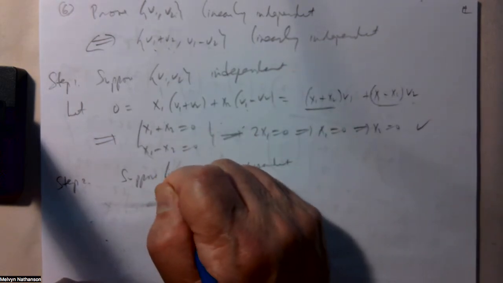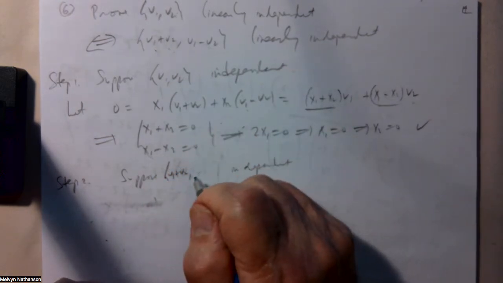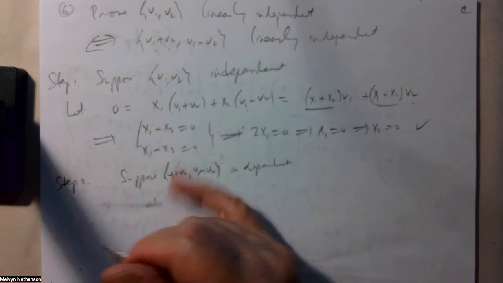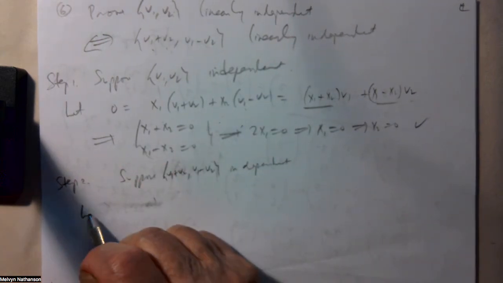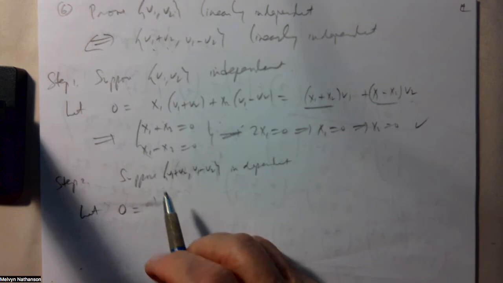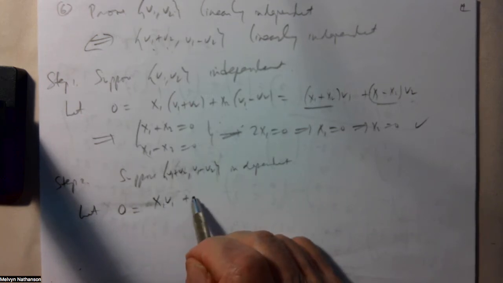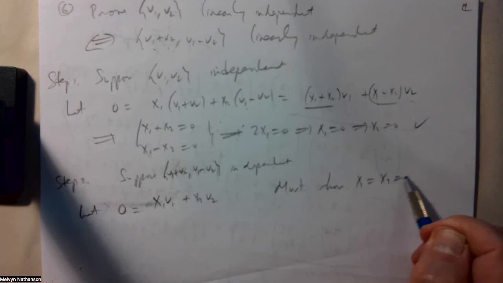So suppose v1 plus v2 and v1 minus v2 is an independent set of vectors. And consider 0 as a linear combination of v1 and v2, x1 v1 plus x2 v2. So I must show x1 and x2 are equal to 0.